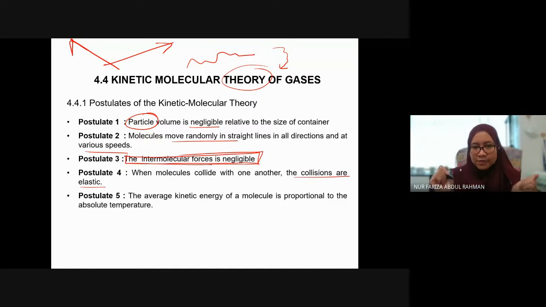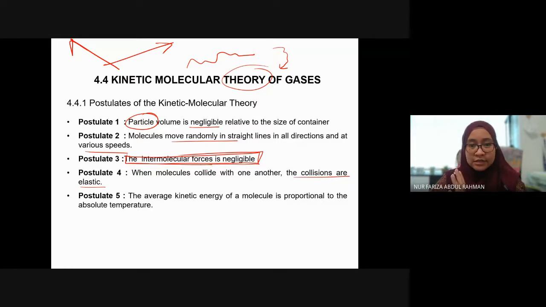They bounce back tapi it's no longer the same as the initial state yang awal-awal tadi, sebelum dan selepas tu. For elastic sebelum dan selepas dia sama, tapi for inelastic dia tak sama. But for kinetic molecular theory, the collision are elastic because the particle does not have intermolecular forces between them.